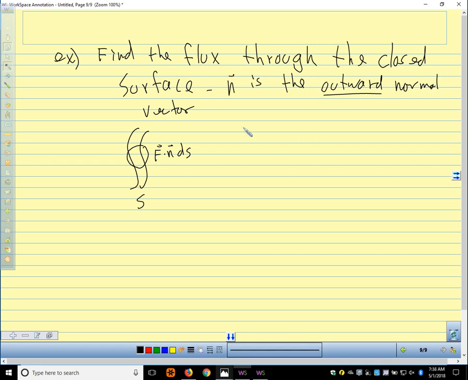All right, so f is (x plus y) i hat plus y j hat plus z k hat. And our surface is z equals 1 minus x squared minus y squared, and z equals 0. Those are the boundaries of our surface.